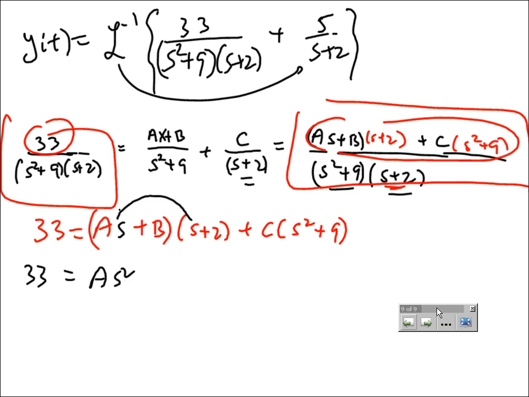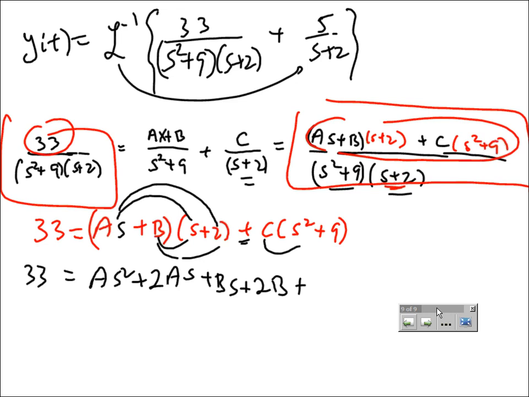as squared plus 2as plus bs plus 2b plus cs squared plus 9c. So on the right hand side, I have some s squares.